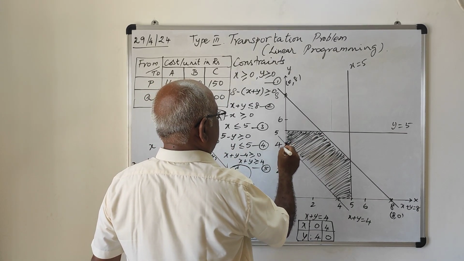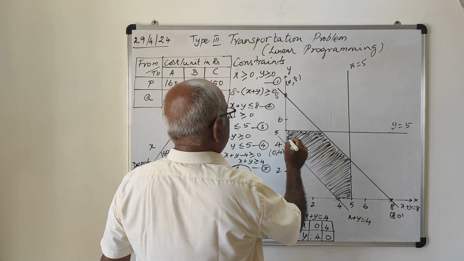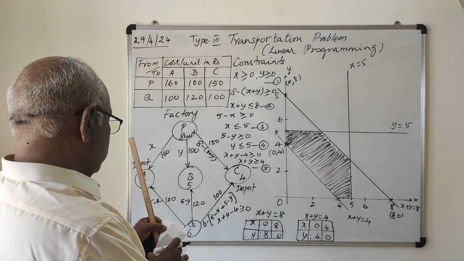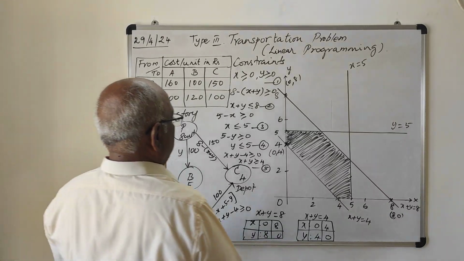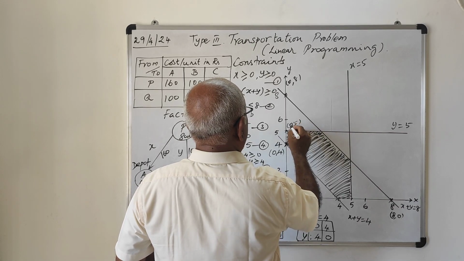This is the point x0, y4, and this is again x0, y5.